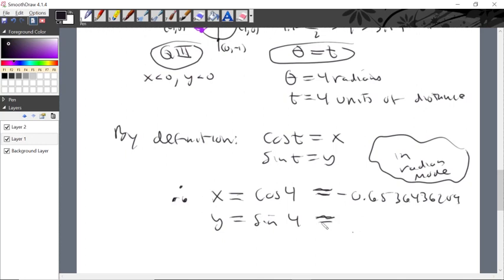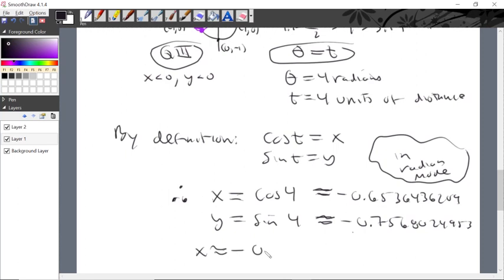And the sine of 4, that's the sine of 4 radians, or 4 units of distance along a circular arc, is negative 0.7568024953.